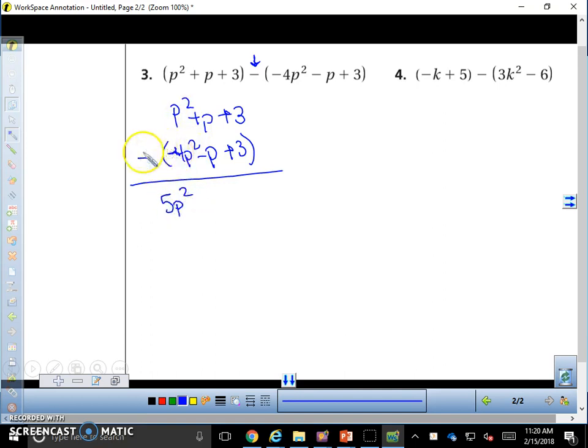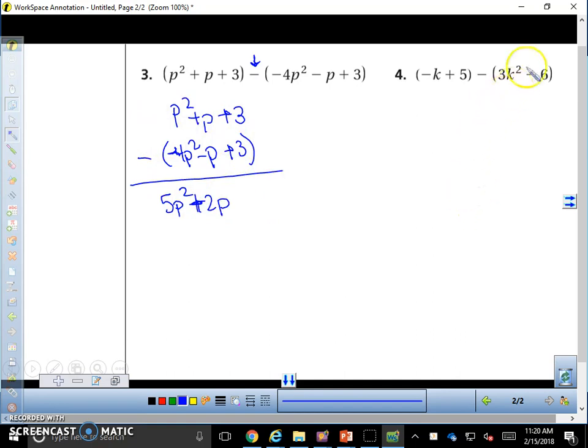Minusing a negative changes into adding, okay? 1p minus negative 1p turns out to be 2p. 3 minus 3 is 0. There we go. We subtracted them.